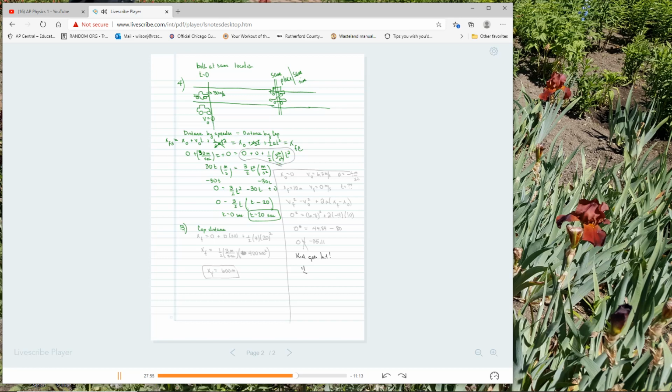So I'm just going to take all those things I put in. 0 times 20, plus 1/2 times 3 times 20 squared. By the way, if a cop took 20 seconds to catch the speeder, that's way too long.